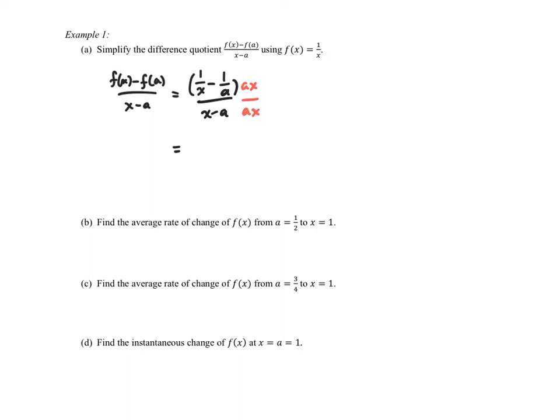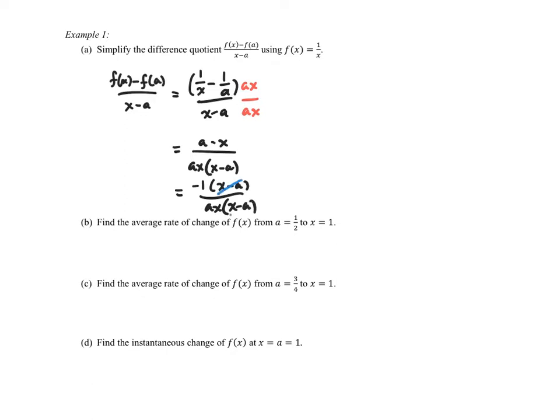The denominator, I'm not going to change yet. I'm going to have ax times x minus a. In the numerator, when I distribute, I get a minus x. Now, that may seem like it's fully simplified. It's not. I'm going to factor out a negative 1 in the numerator. It's going to give me x minus a, and you'll see clearly I've got a little extra that I can work with and clean this up.